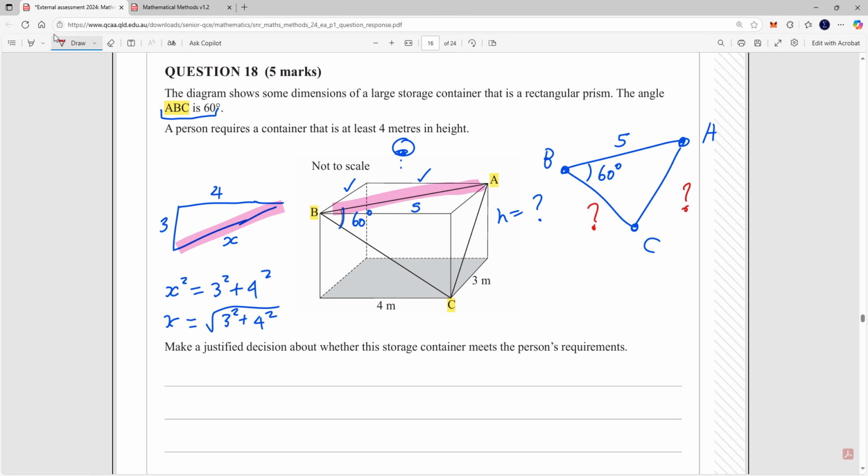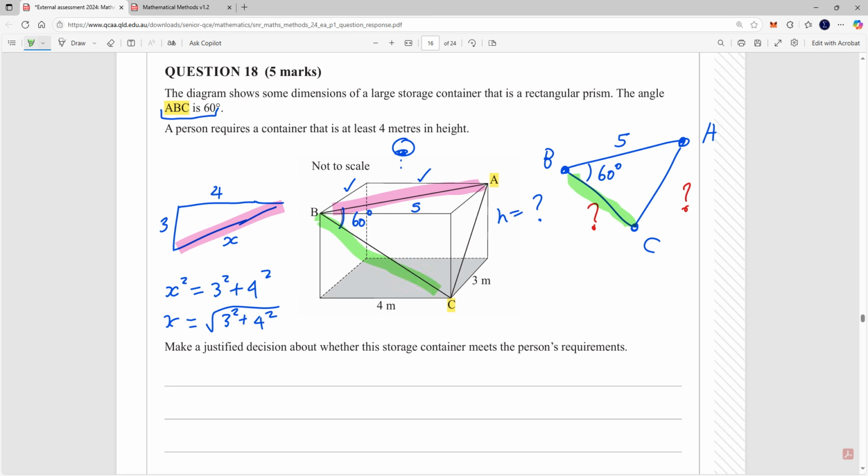What we can do here is get an expression for this bit here in terms of h. And we can also get an expression for, I'll use the blue, this expression here in terms of h, because we can just use Pythagoras' theorem there as well.